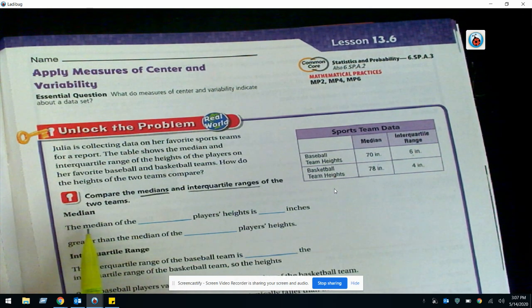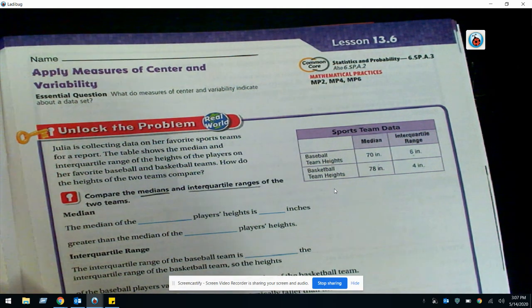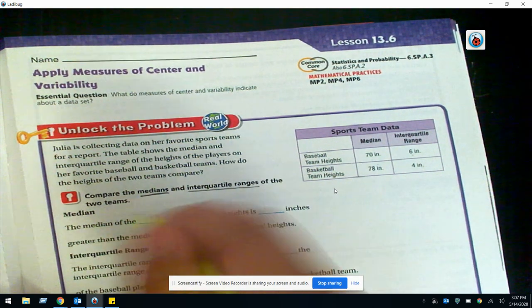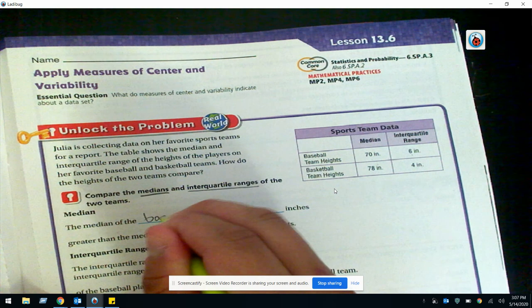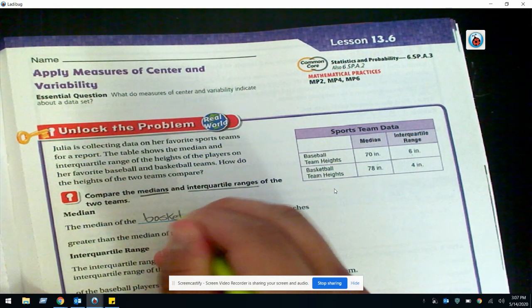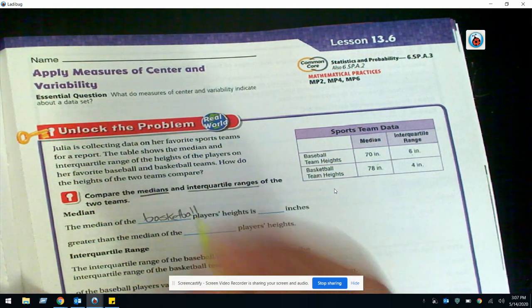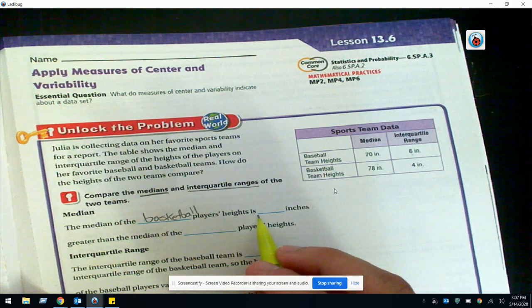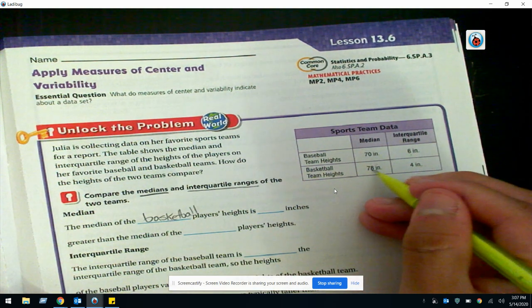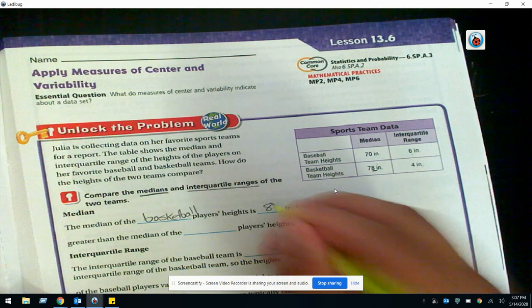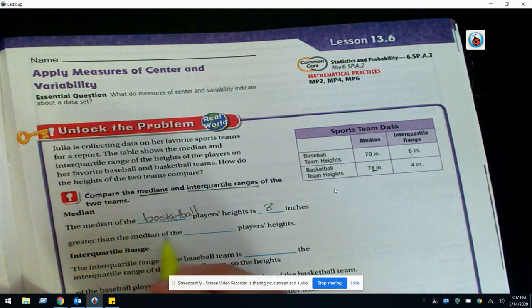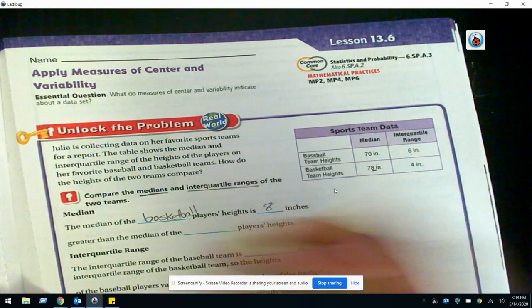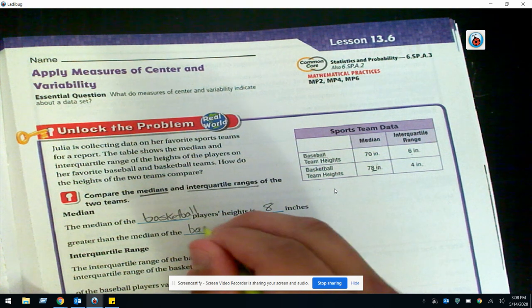We're going to start by looking along the line. The median of the basketball players' heights is, we're going to say, 8 inches greater than the median of the baseball players.